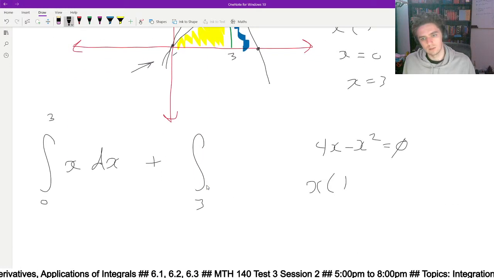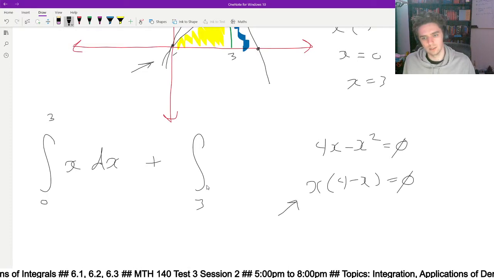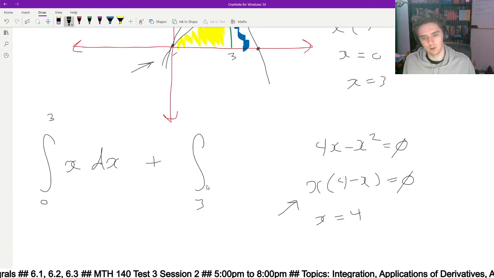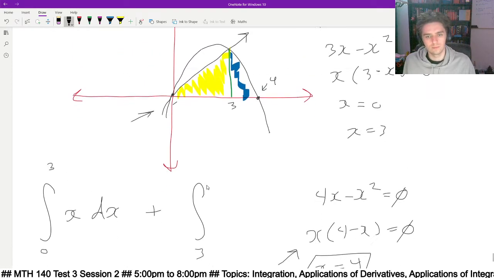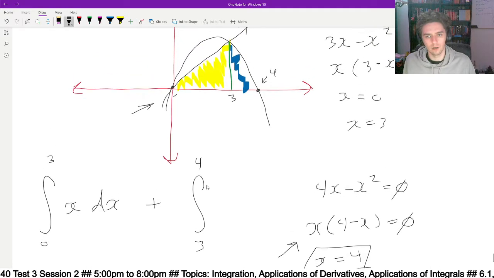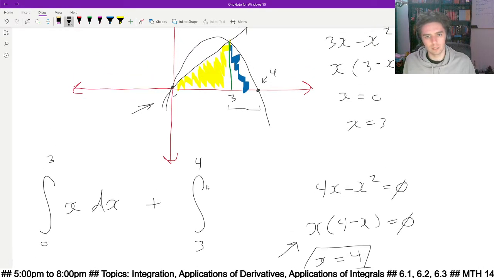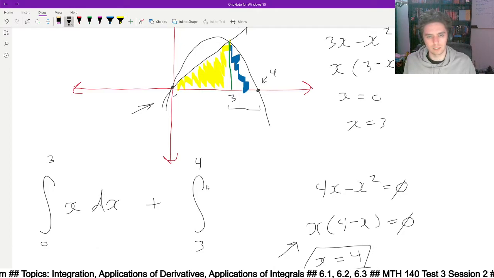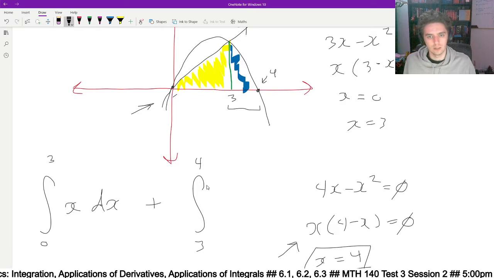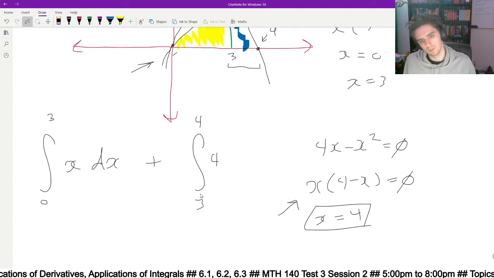So x times 4 minus x equals 0. So there's the one that's at 0, and our other 0 is at 4. So we're integrating from 3 to 4, right? From 3 to 4. And we do, again, the top function minus the bottom function. But again, the bottom function here is just 0. So we just do the top function. We're just finding the integral of that function between 3 and 4. So that function is 4x minus x squared.